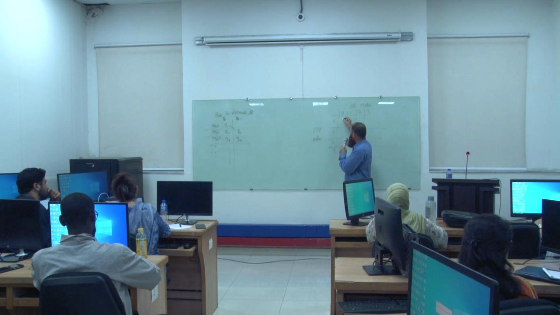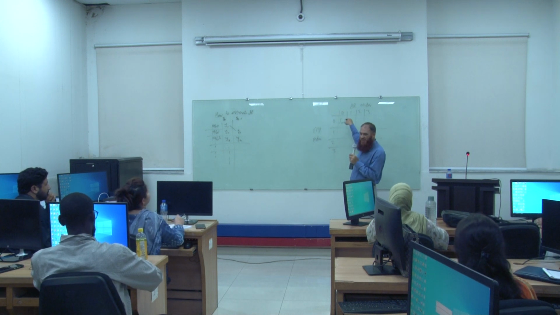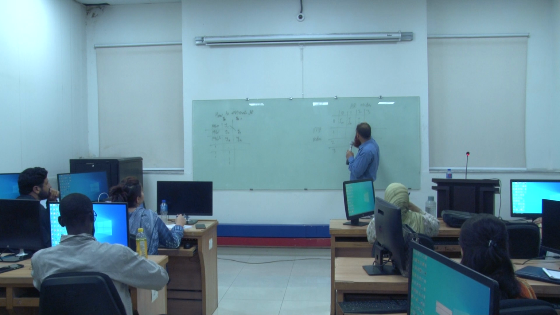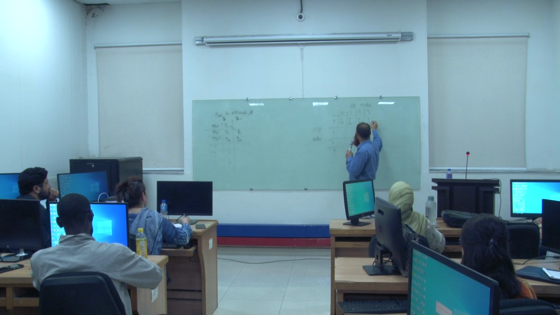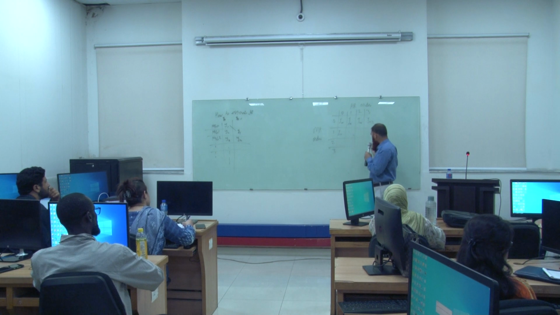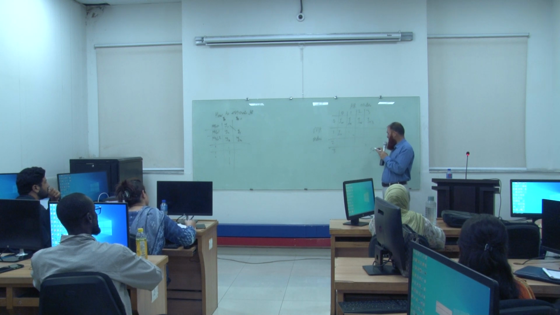Suppose the value is I00, and we have written the value here. Then you will find I01, I02, I03, and similarly you can have I10 and so on. The last value would be I33.